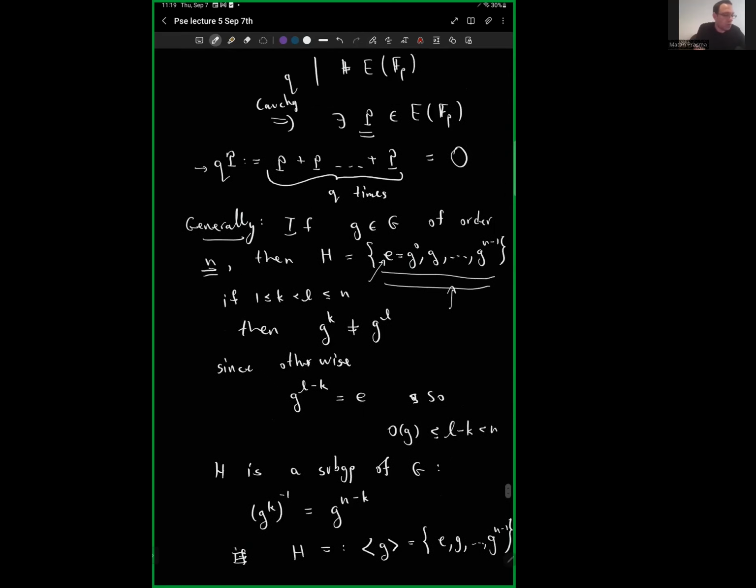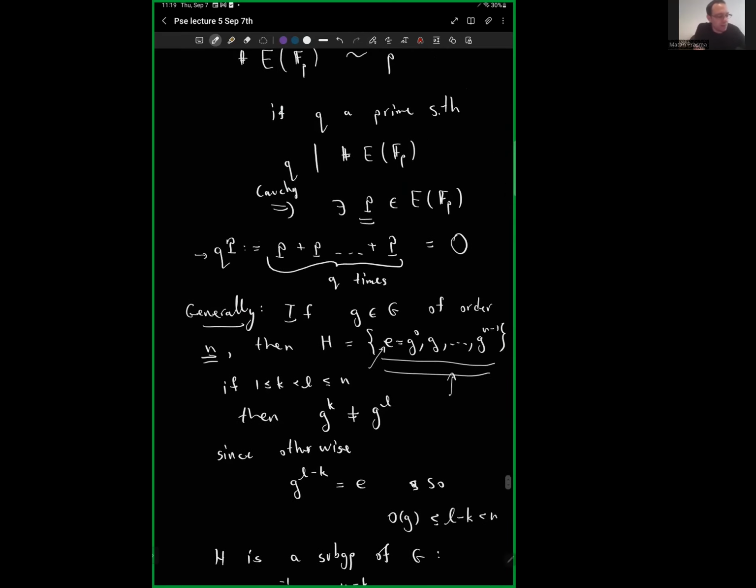So in the case of an elliptic curve, you measure the number of points. This can be computed by several algorithms.